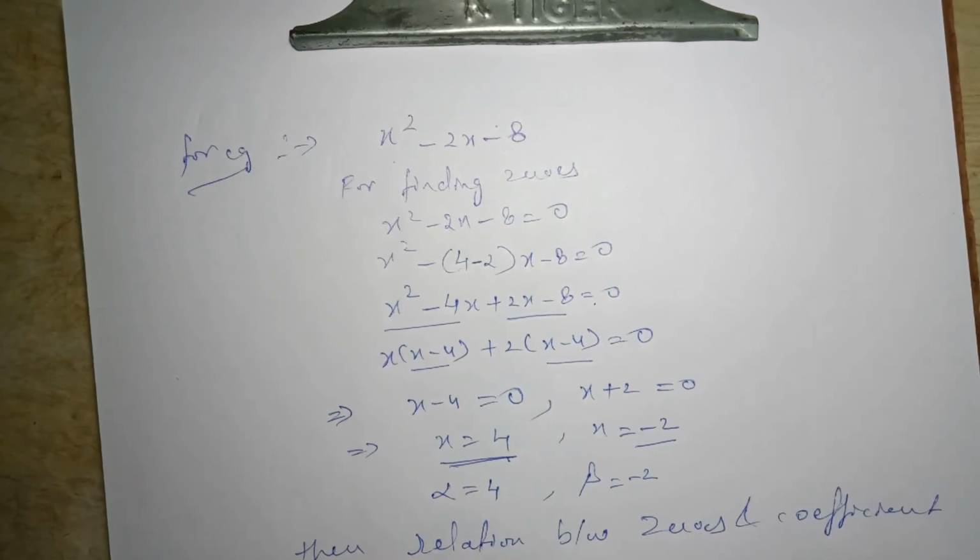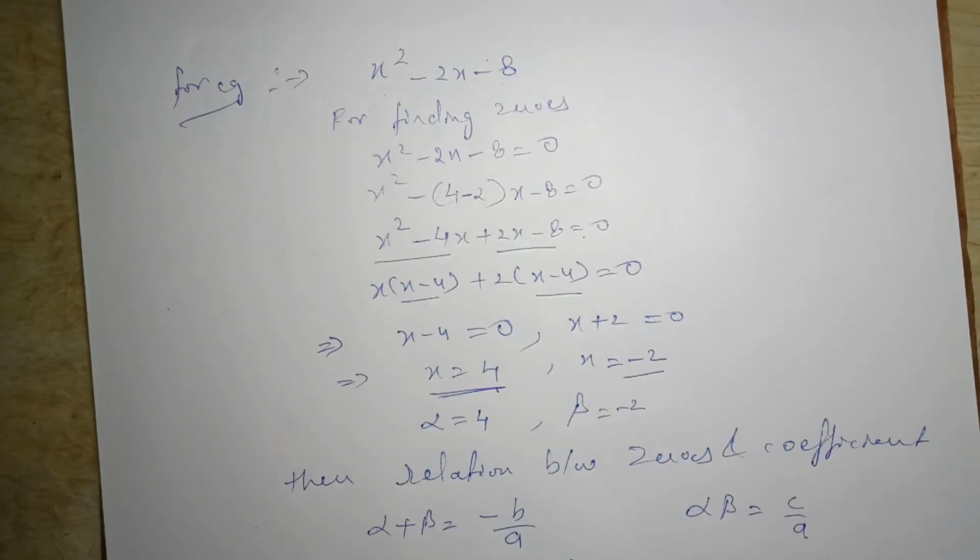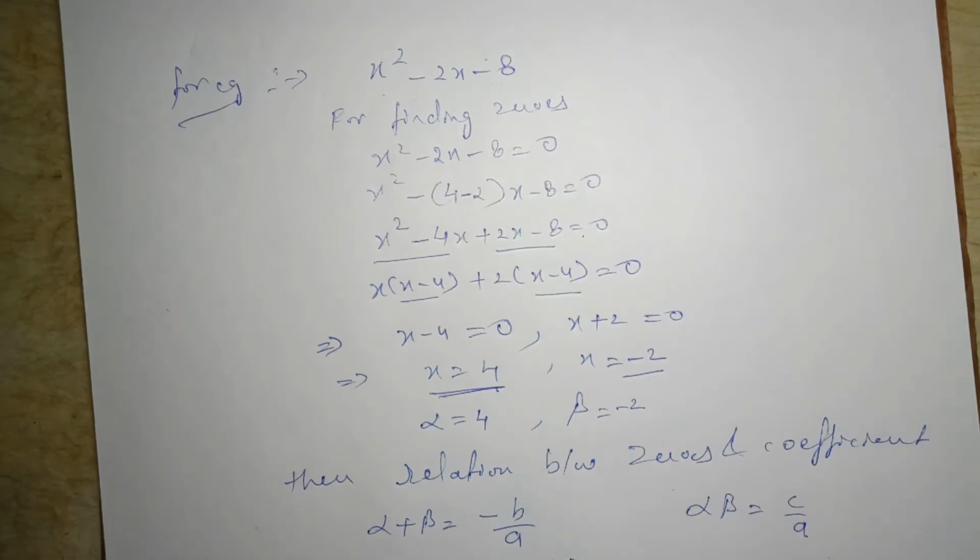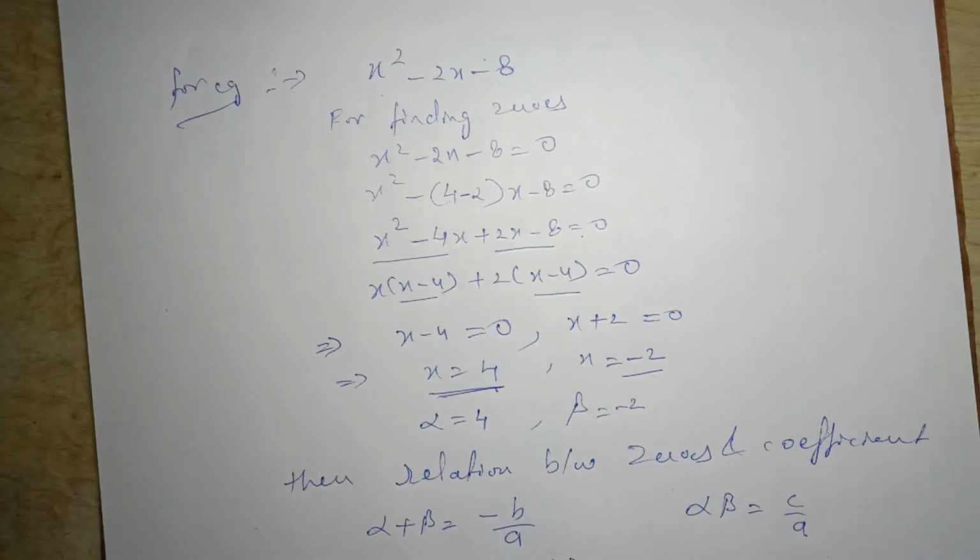So 4 plus minus 2 equal to minus b by a, that is minus of minus 2 upon 1. So 4 minus 2 equal to 2 by 1, which is 2. 4 minus 2 gives 2, so 2 equals 2. Left hand side is equal to right hand side, so the first condition, the sum, is verified.